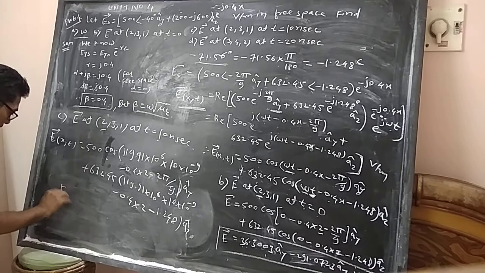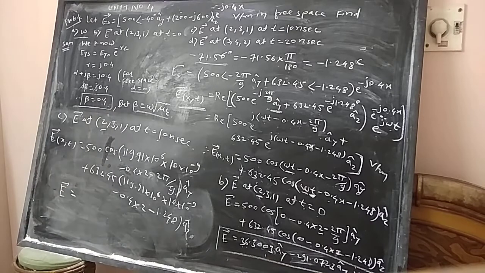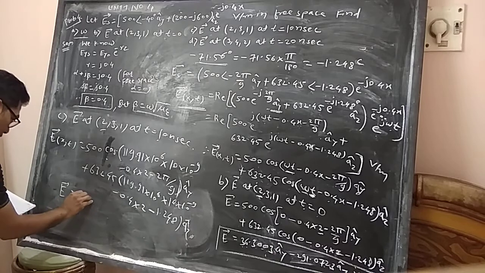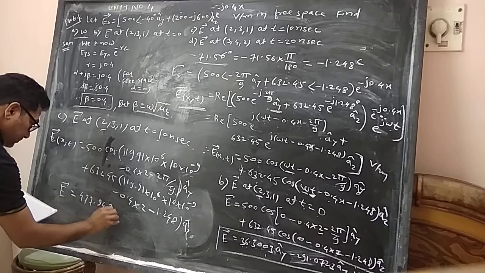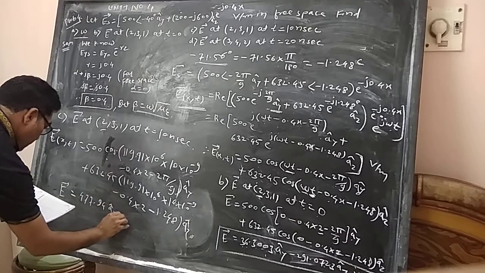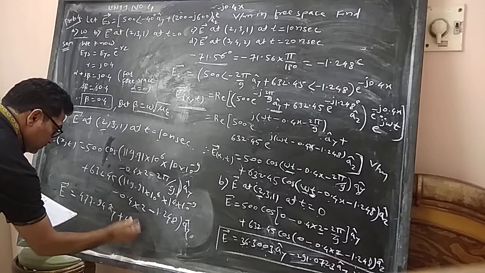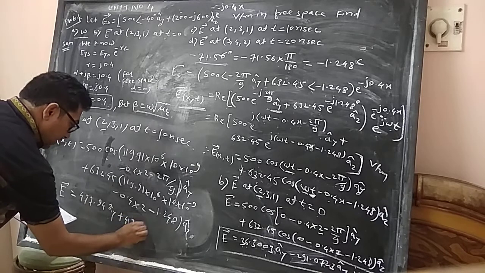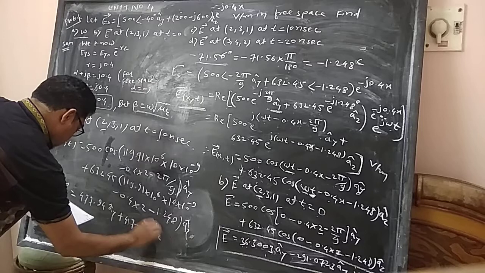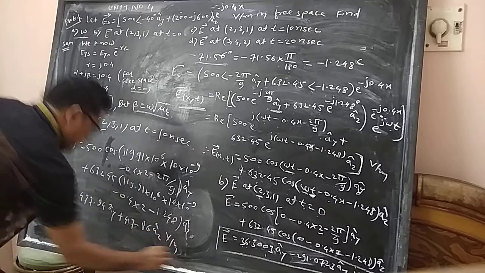So the E vector comes to 477.94 into ay plus 417.86 into az V per meter.